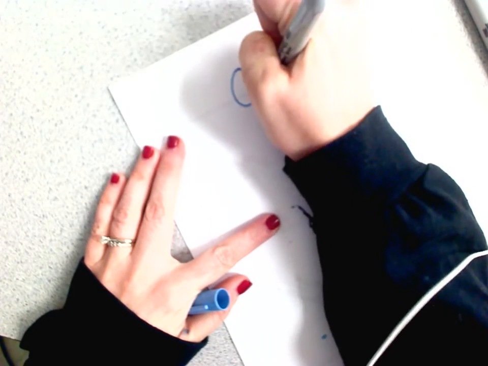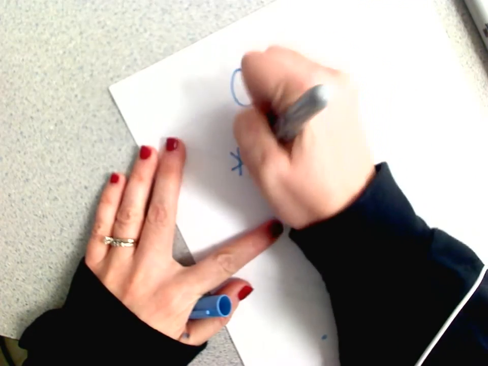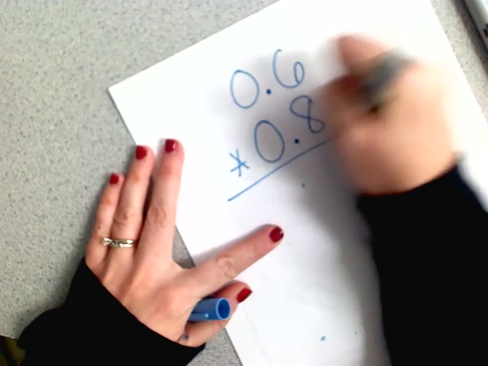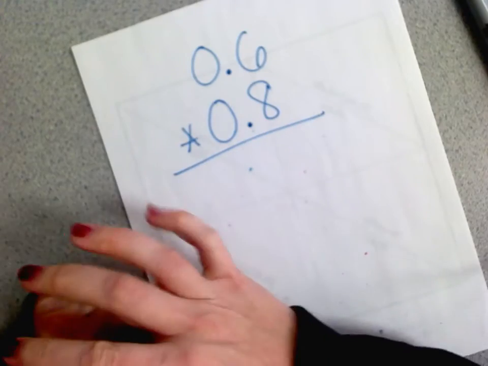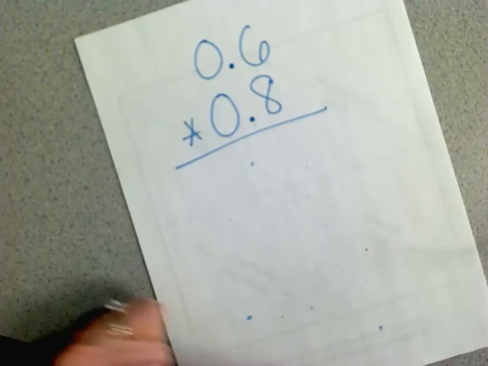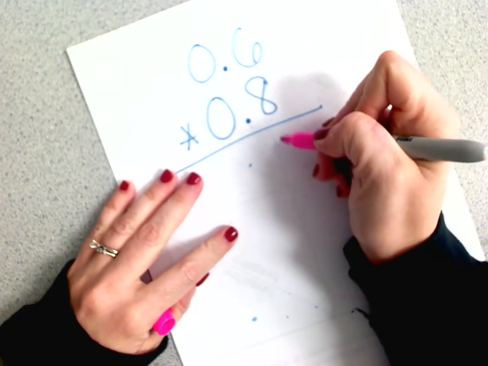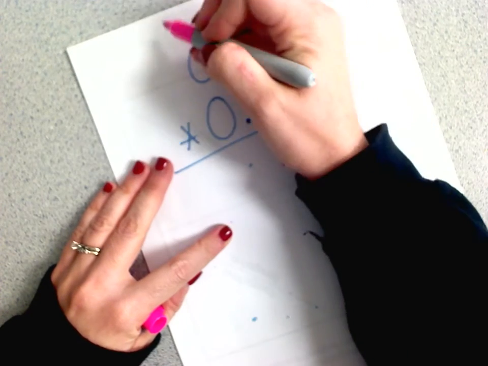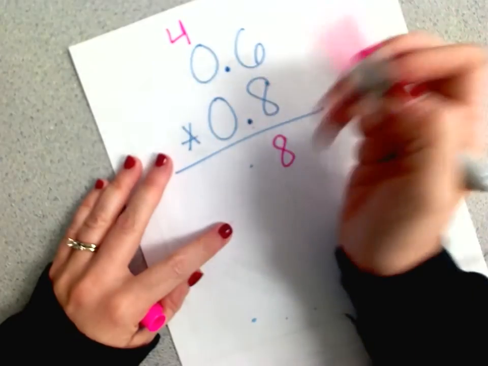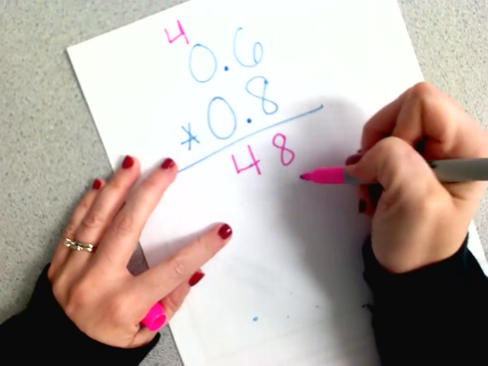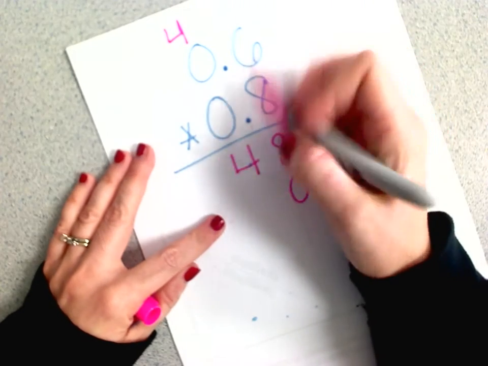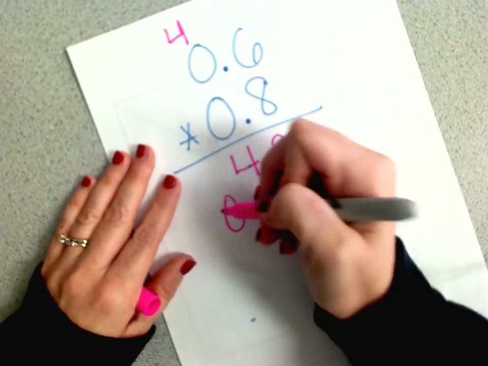So number 1, 0.6 times 0.8. Same amount of digits and keeping them in line. Ignore those decimal points for now. Let's just multiply. 6 times 8 is 48. 0 times 8 is 0, plus 4 is 4. Placeholder, everybody by 0. 6 times 0 is 0. 0 times 0 is 0.